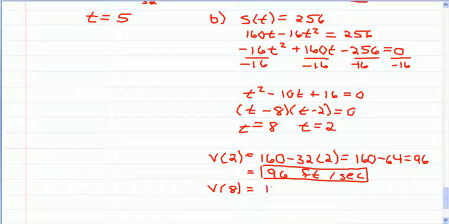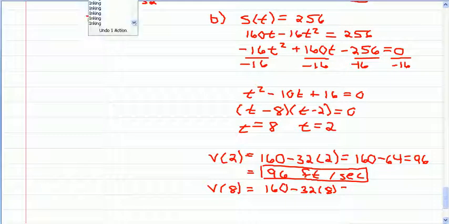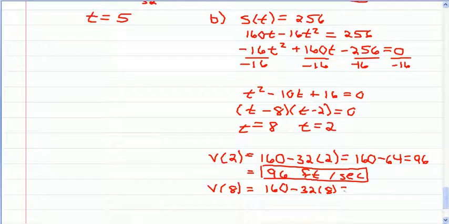And for v of 8, I take 160 minus 32 times 8, which is 160 minus 256, which is equal to negative 96.